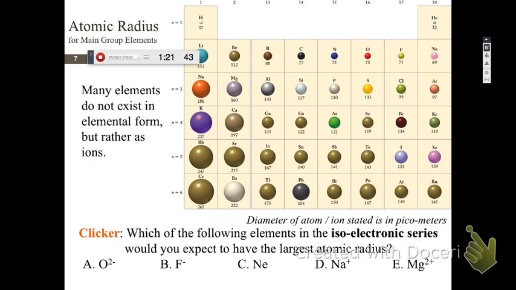All right, we have 43 responses. Make sure to click in your answer. Which one of these do you think is going to be the largest?